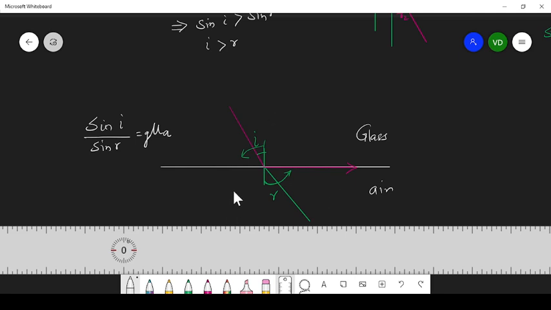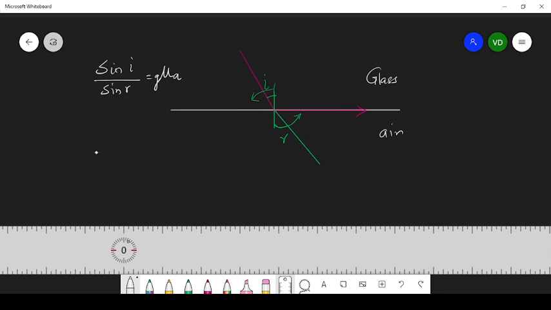Now suppose the angle I we don't know, but the angle of refraction in this case is 90 degree, right? And therefore sin I will be equal to sin R into refractive index of air with respect to glass, and that is equal to sin 90 degree, and sin 90 is 1, that we know, and the refractive index of this is the refractive index of glass with respect to air.